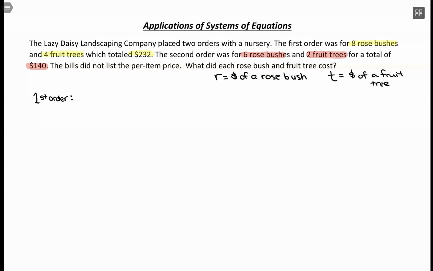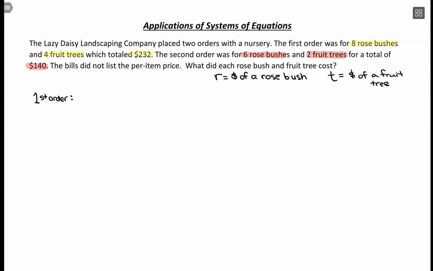So the idea would be that we would take those 8 rose bushes times the $2 for a total of $16, right? There's going to be this multiplication relationship between how many and the cost. Same thing with fruit trees. If the fruit trees were $5 and I got 4 of them, then I spent $20 there. So I'd have multiplication of those 2 numbers to get this total cost.